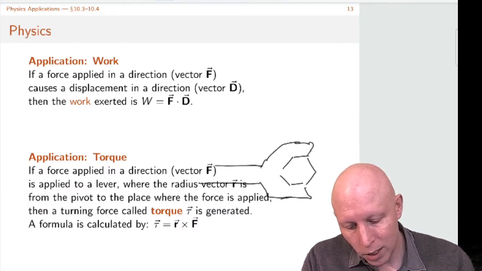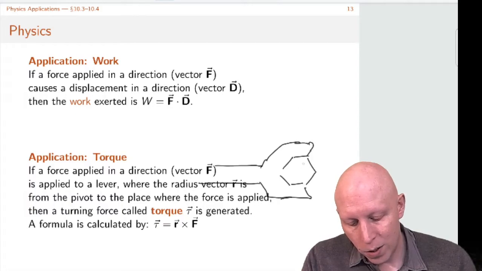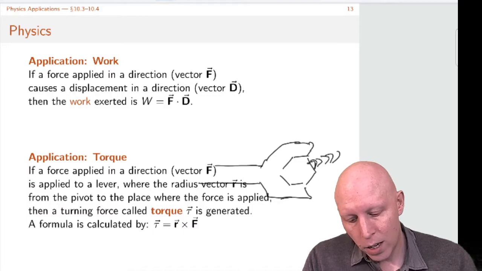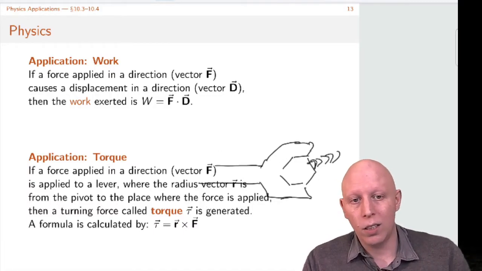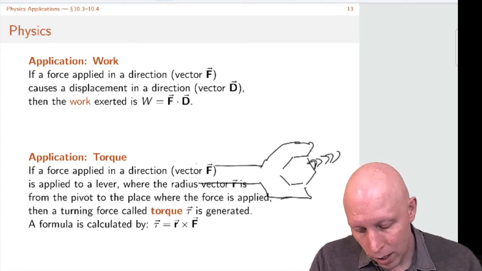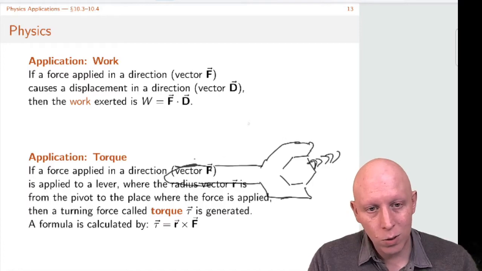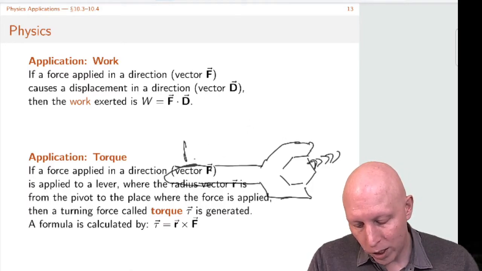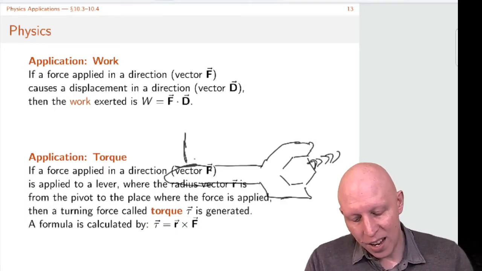Here's a wrench, and you've got this screw that you're turning using your wrench. Well, in order to get this screw to move, you're applying a force to the wrench to turn the screw.